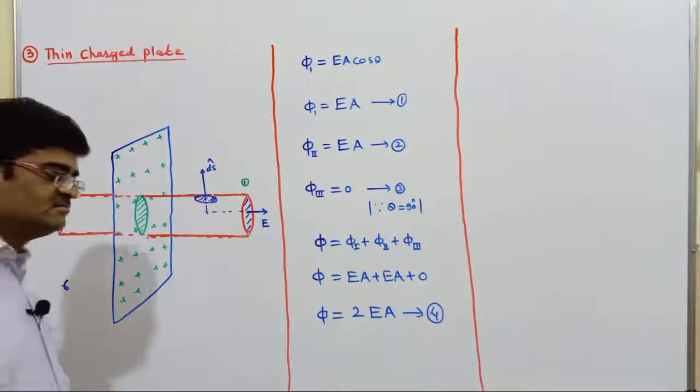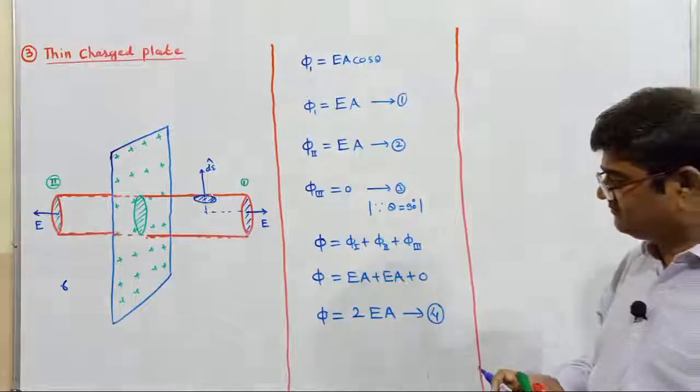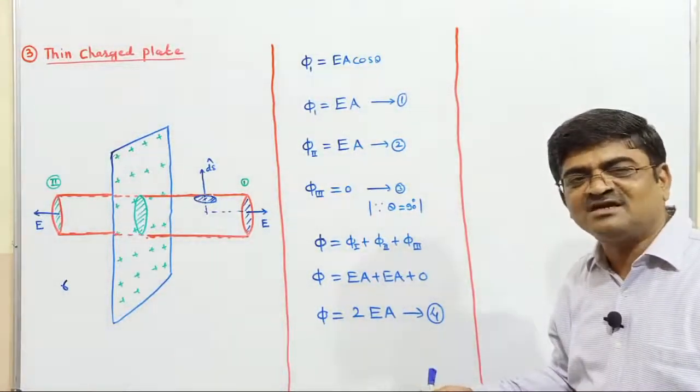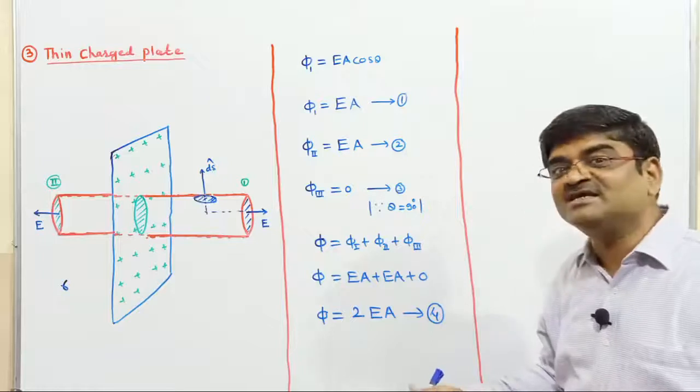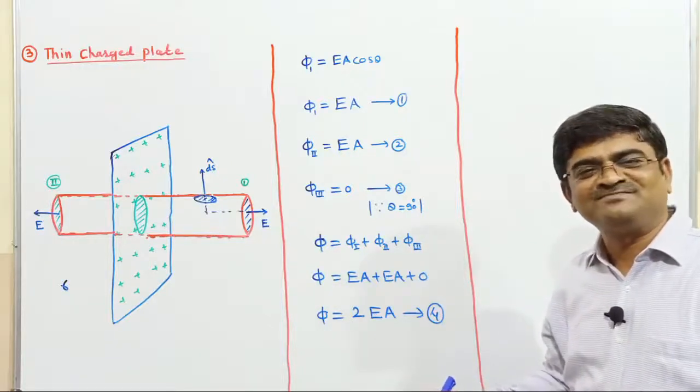Look here children, I got the flux through the cylindrical Gaussian given by this equation. Now my next step, step number 5, is applying Gauss law.